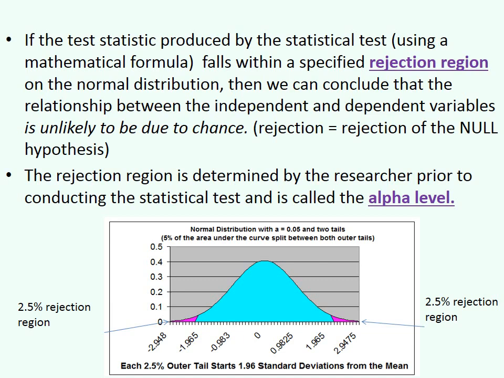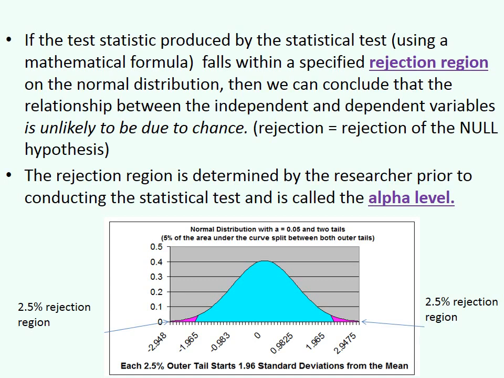When a test statistic is plotted on the normal distribution and the test statistic falls within a specified rejection region, then we reject the null hypothesis, which implicitly means we accept the alternative hypothesis and conclude that a relationship between the independent variable and the dependent variable is unlikely to be due to chance.